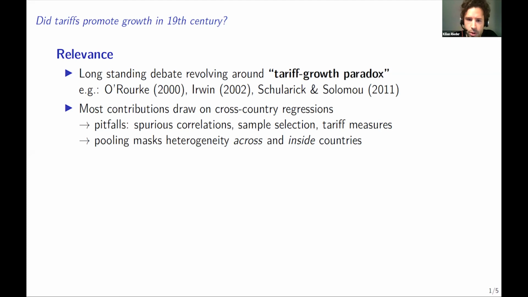Where most contributions that we have so far draw on cross-country regressions. These have the well-known pitfalls, including spurious correlations, sample selection bias, and also problems in terms of measuring aggregate tariff rates, and so forth. And also the pooling that happens in most of these papers masks heterogeneity across and inside countries.